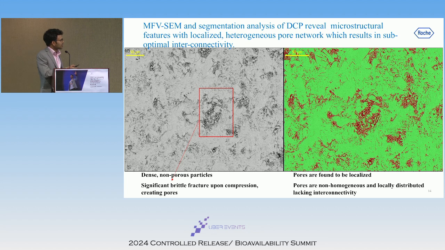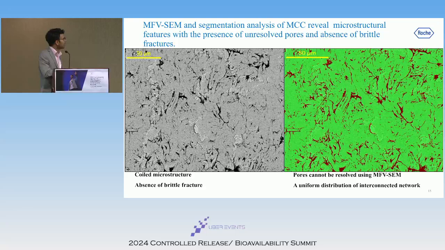So we did segmentation analysis of the DCP tablet, and what we see is the pores are found to be highly localized. They're also non-homogeneous, and they are locally distributed. And because of this, we believe that the DCP tablet has very low water uptake in comparison to the MCC tablets.